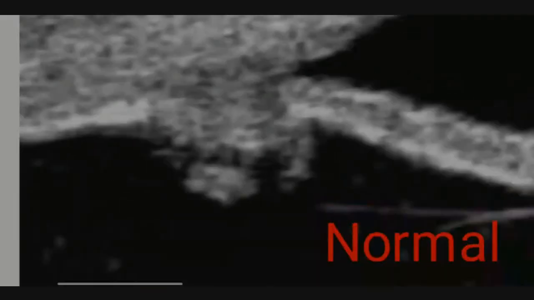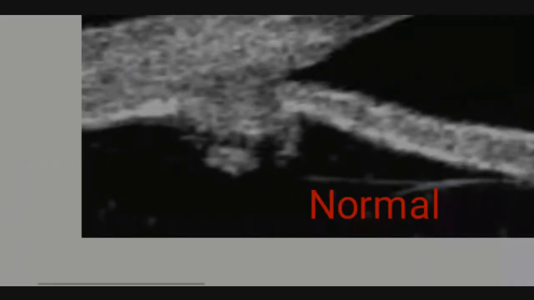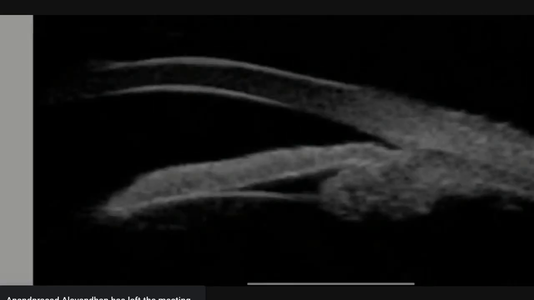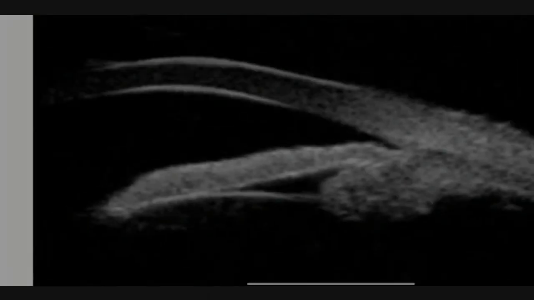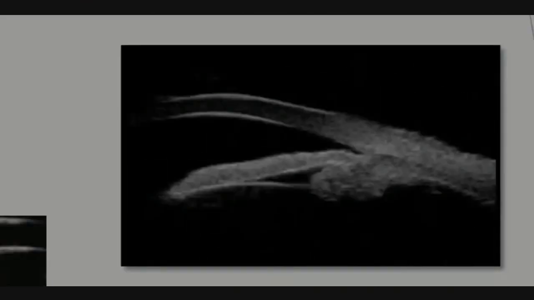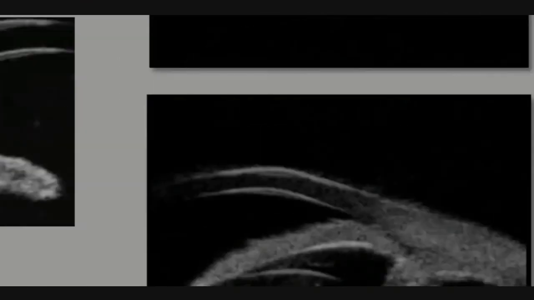What happens in plateau iris is the sulcus gets narrowed. This is the normal CB structure, and here you see it is big and the sulcus is also narrowed. In plateau iris, there is angle closure, right? Here we can see the posterior elevation of the iris.